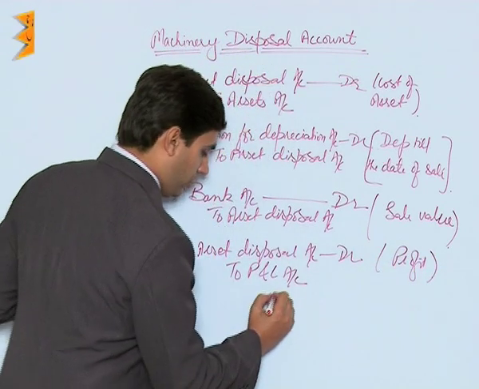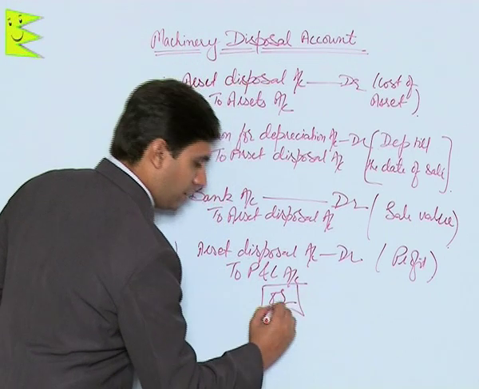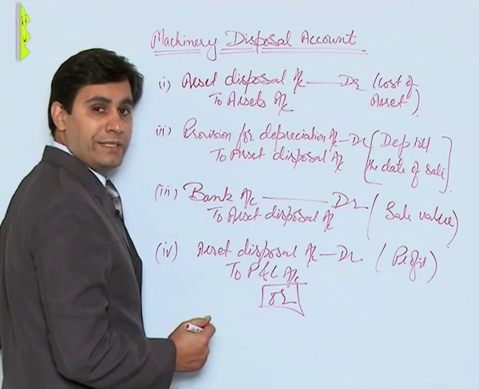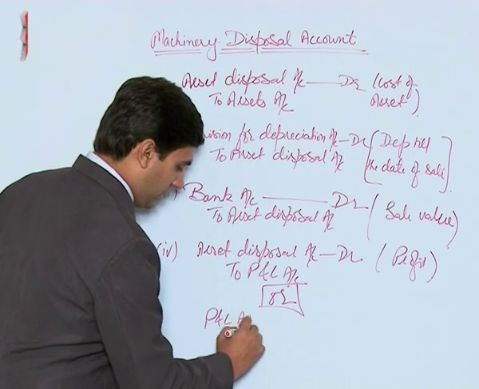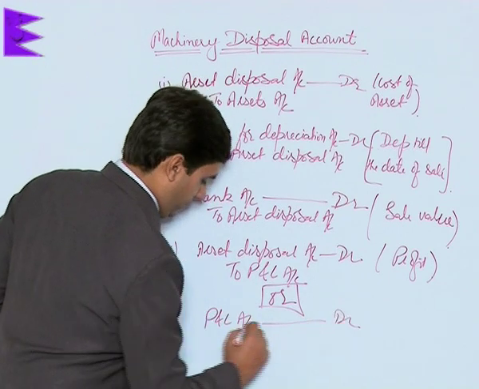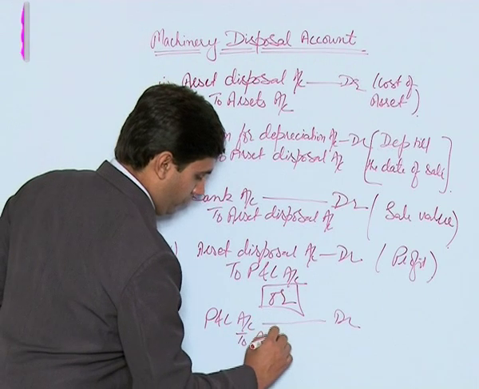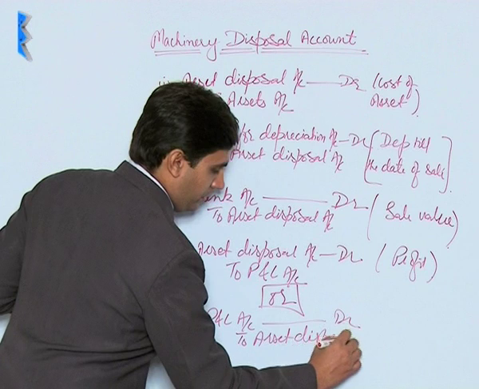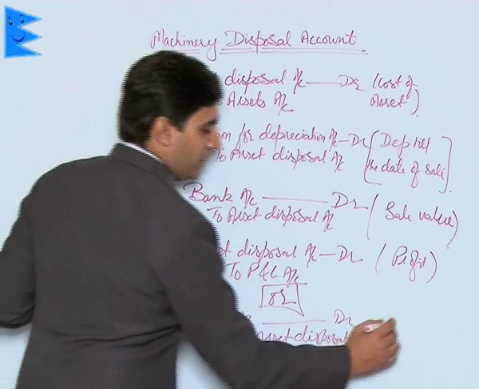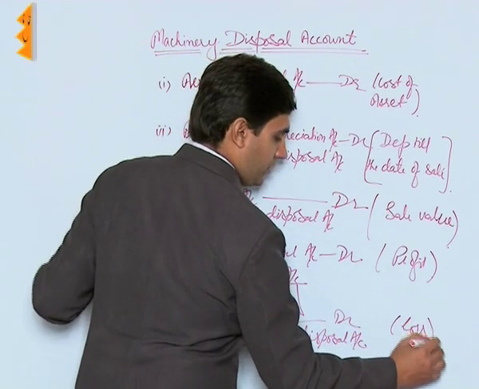And in case there is a loss, either you will make profit or you will incur a loss, in that case, entry would be profit and loss account debited to asset disposal account. This would be loss.